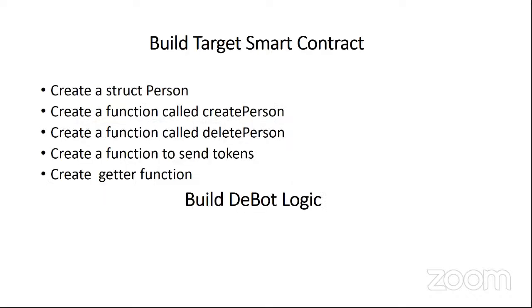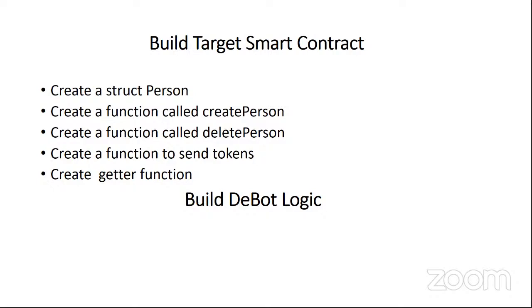First we shall create a structure person with different types in it. Then we create a function called create person. We create another function called delete person.